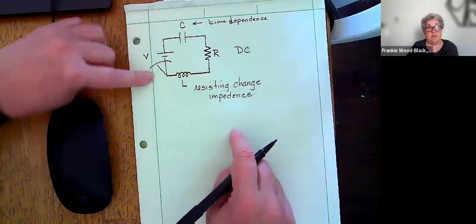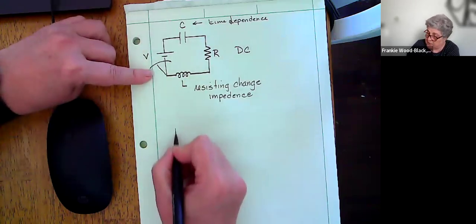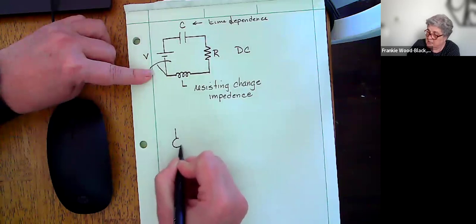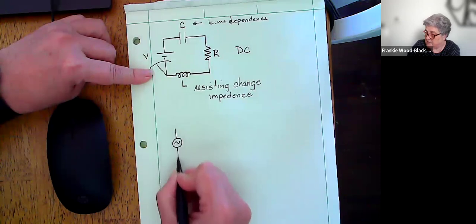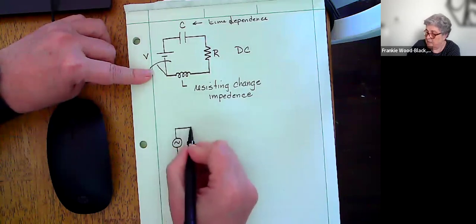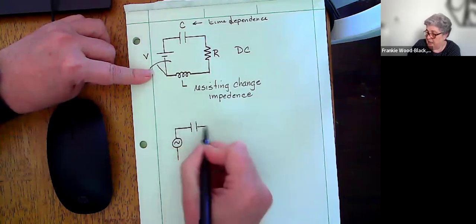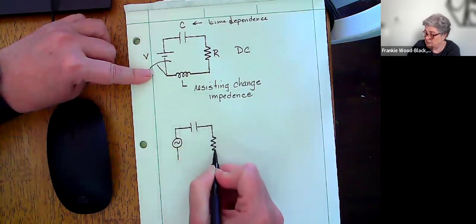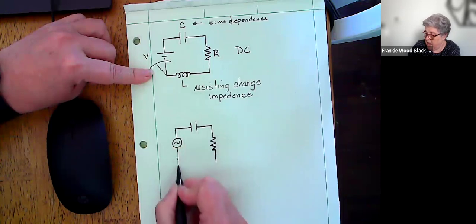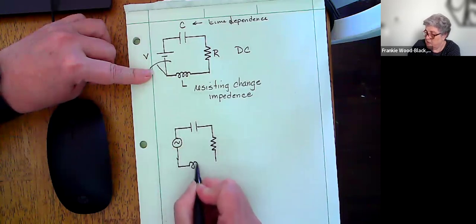Now, once I do this with an AC circuit, one of the things that I'm going to change is instead of putting a battery in there, I'm going to use a symbol that looks like this. And then I've got my capacitor, my resistor, and now I have my inductor.